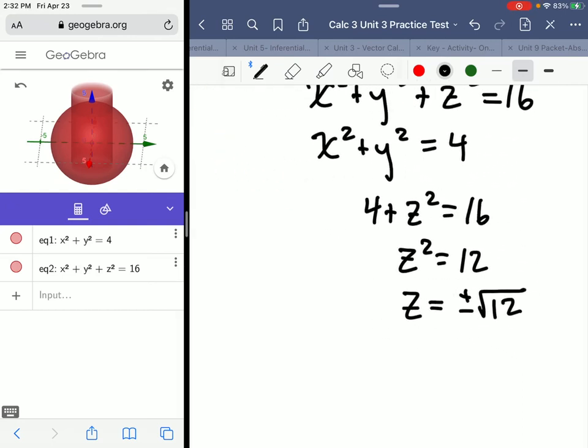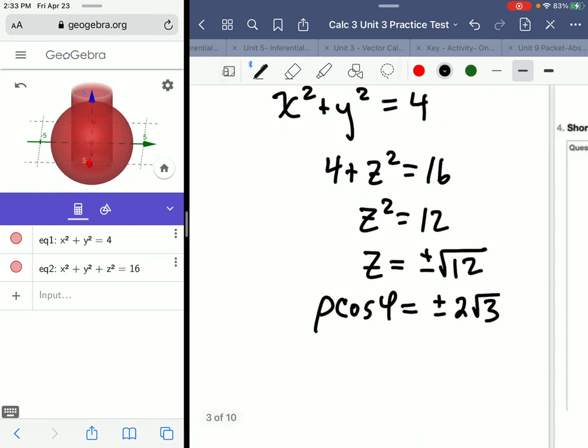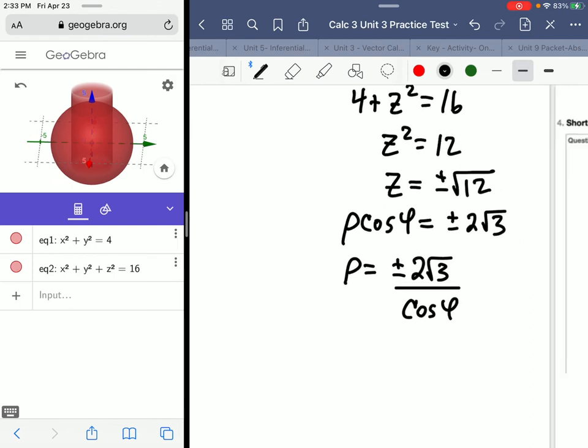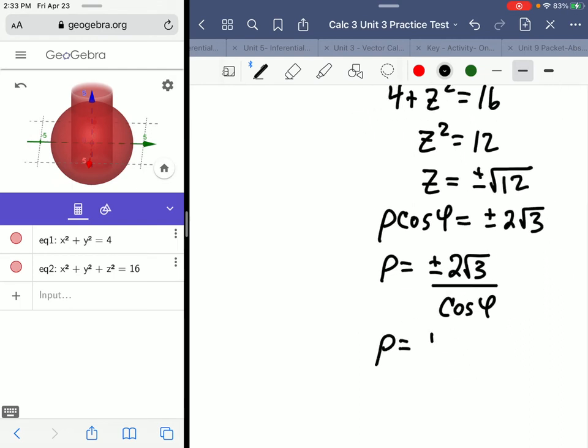We can work off of the equality for z in spherical coordinates, which would be rho cosine of phi is equal to plus or minus 2 radical 3, in which case rho is equal to plus or minus 2 radical 3 divided by cosine, which becomes secant. So plus or minus 2 radical 3 secant of phi.